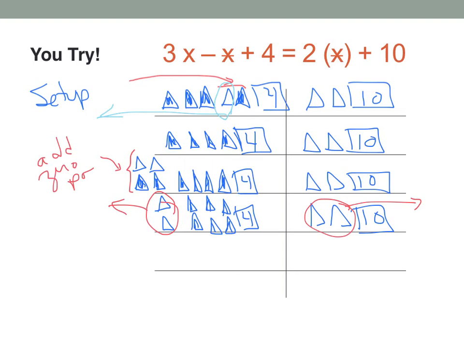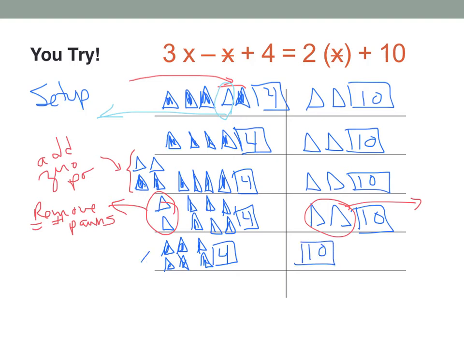When we do, we remove an equal number of pawns. That gives us six blue pawns and a 4, and on the right a 10.